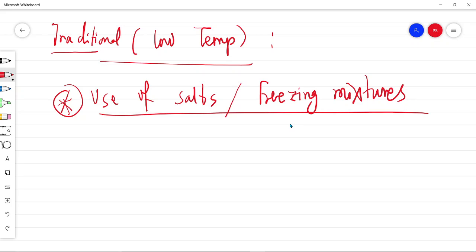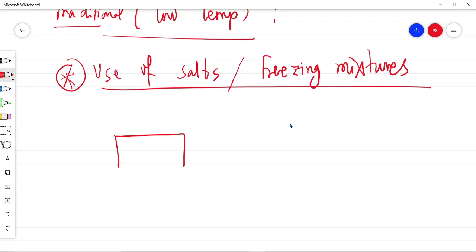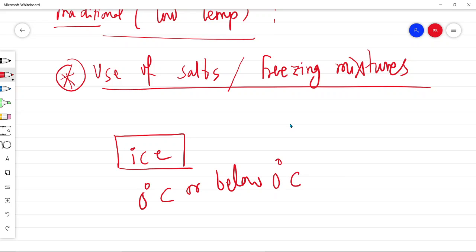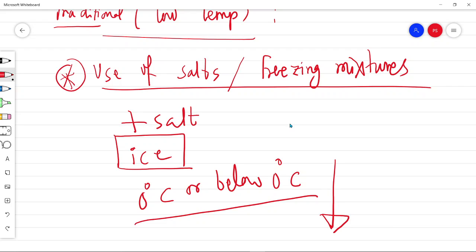In this method, ice which is already at 0 degree or below 0 degree temperature can be cooled further by adding salt to it.